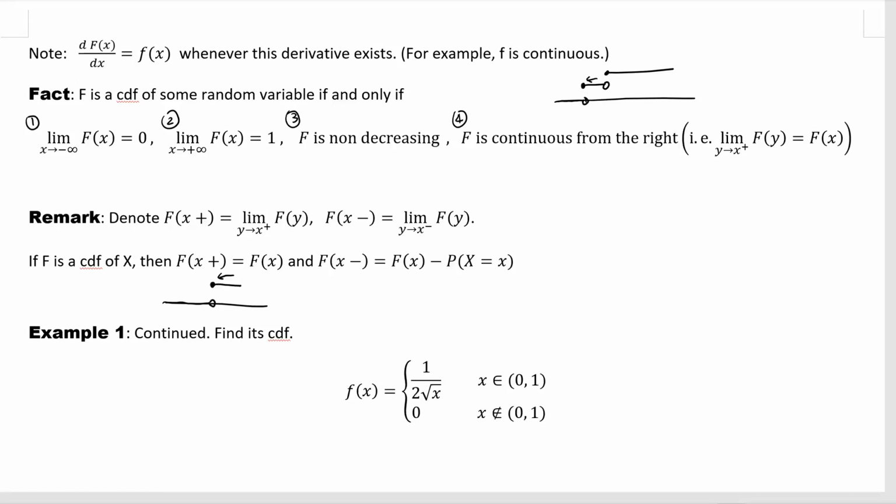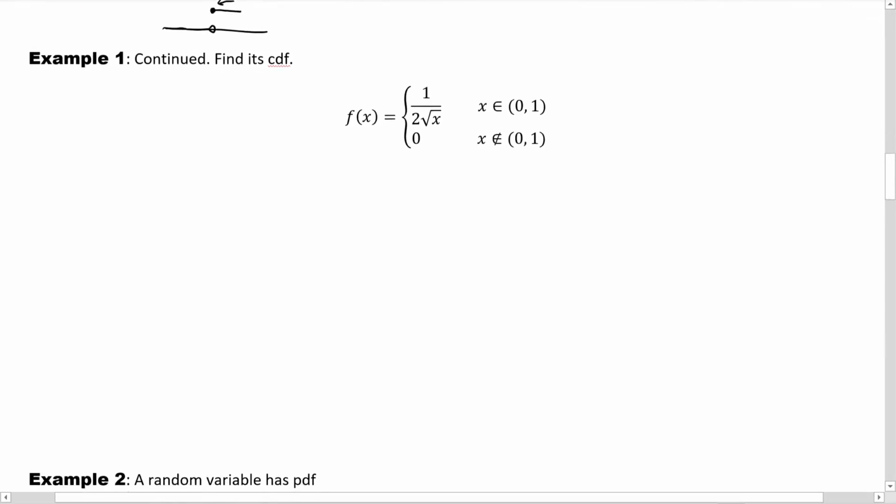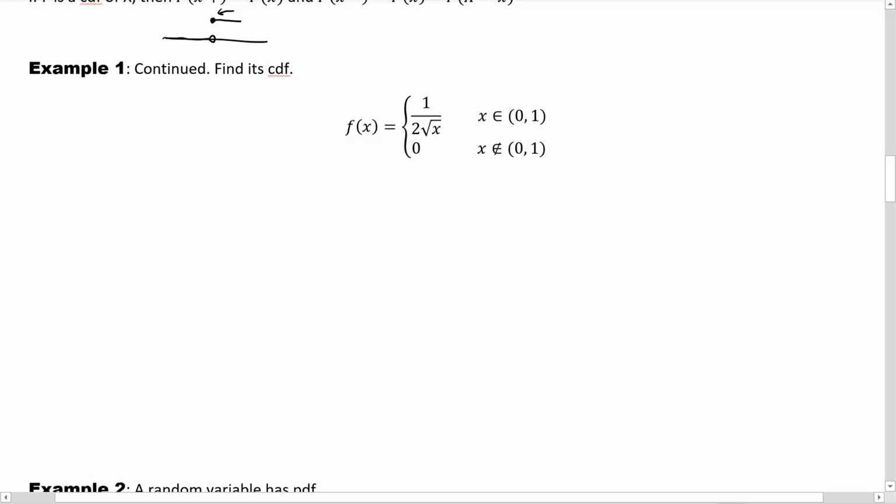You see the solid dot here? And then the left side limit is F of x minus. The jump is P of X equals small x. So that is the probability at that single point x.